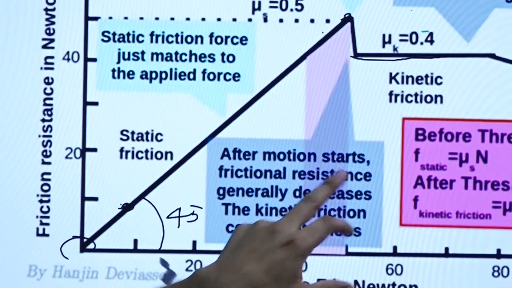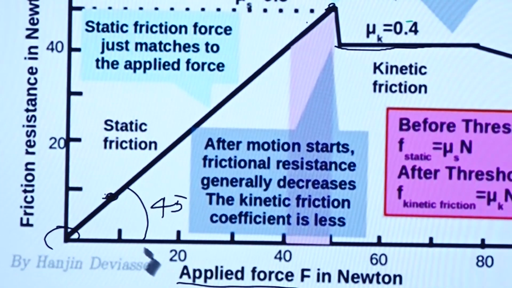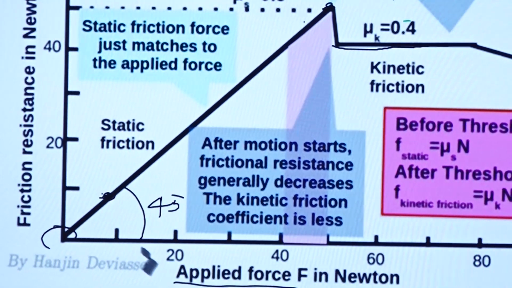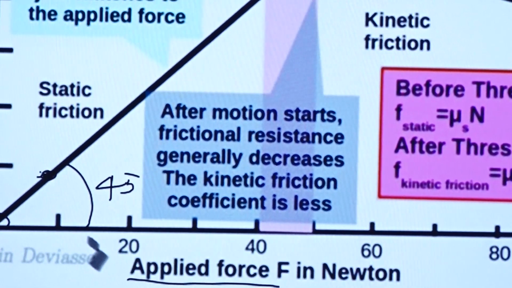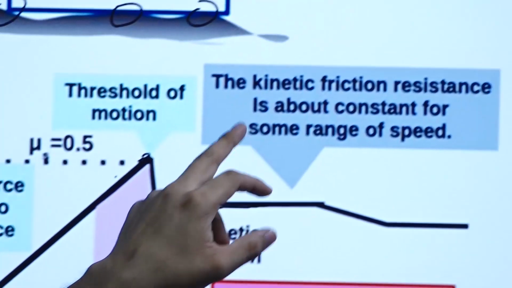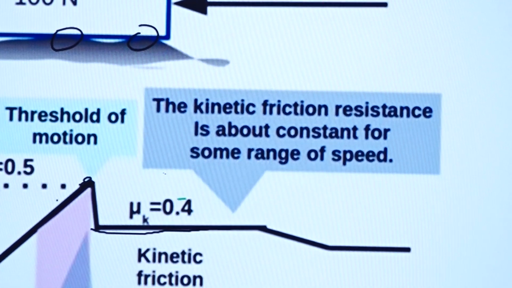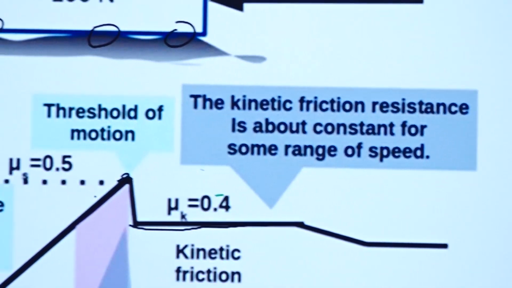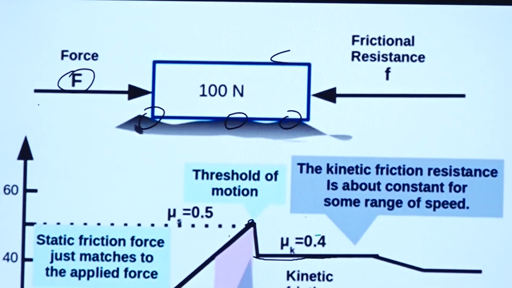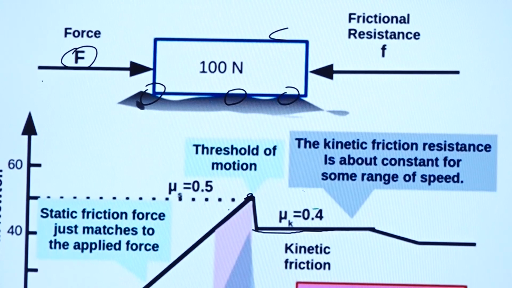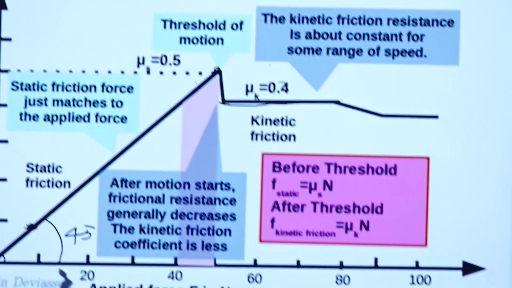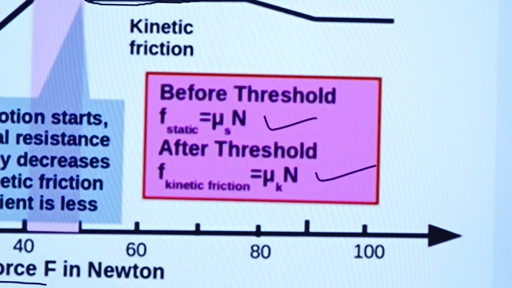After motion starts, the frictional resistance generally decreases, the kinetic friction coefficient is less. The kinetic friction resistance is about constant for some range of speed. So even though our body is moving, the kinetic friction will be constant. It won't change, right?